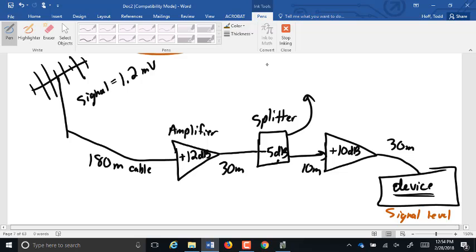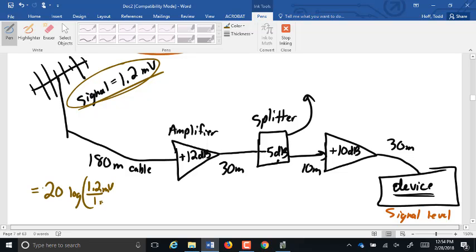What we're going to do is start with the signal level at the antenna, and convert that into dB. So, 10 or 20? 20, because it's voltage. 20 times log of 1.2 millivolts over 1 millivolt.